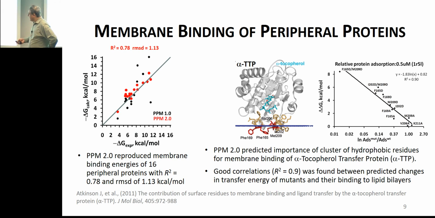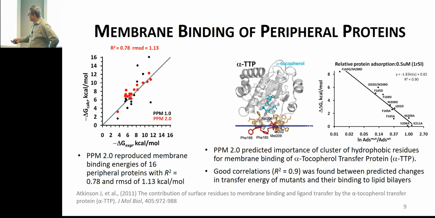And also we can calculate the free energy of binding, the transfer energy change during association of these proteins with the lipid bilayer. And we can compare these calculated values with experimental values for a number of different peripheral proteins, not only for tocopherol, but for a number of others. So it was published before, actually.